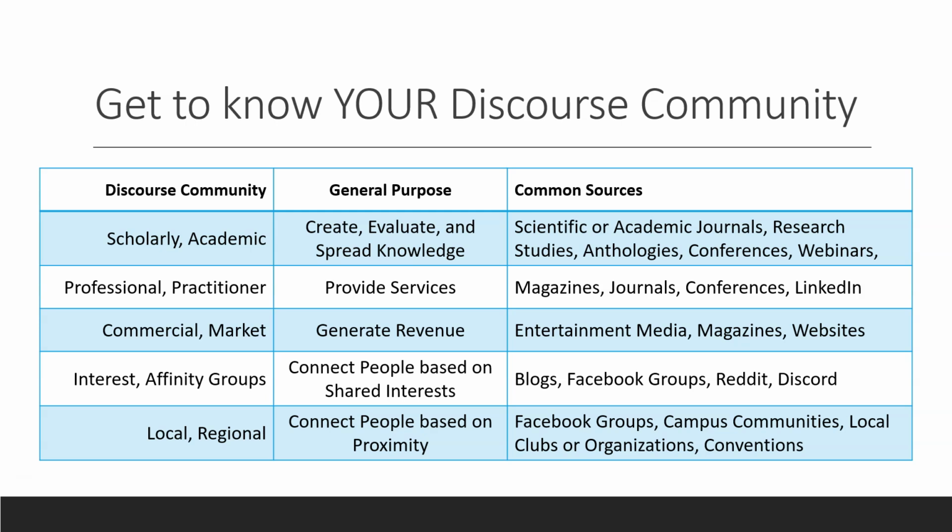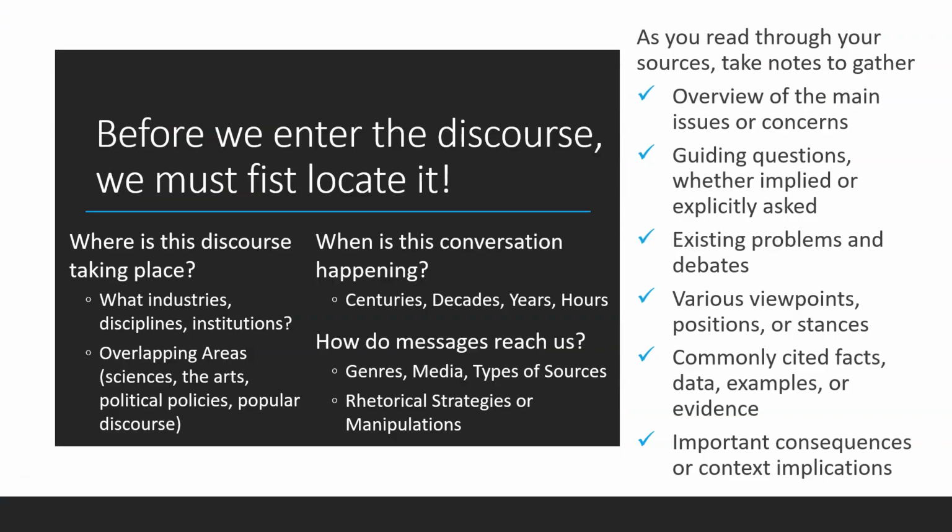For example, a psychological journal is going to have articles about practices, theories, and research in psychology, but it's also going to have advertisements and commercialism selling certain medications or certain apps or who knows, a retreat. So there is overlap between these discourse communities, their purpose or intention, and the sources that you will see.